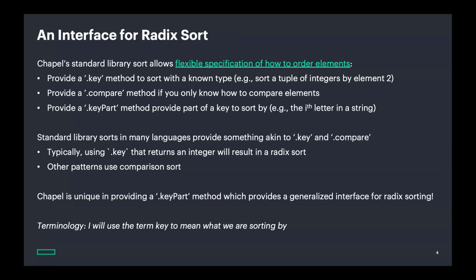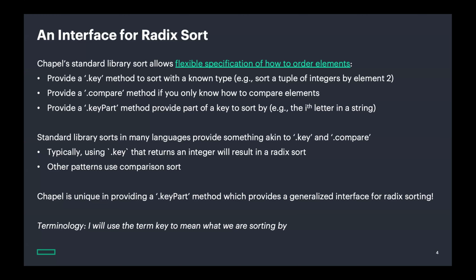In other languages, standard library sorts usually have something akin to the .key method and the .compare method for specifying sort order. Usually you would need to use something like that .key method that returns an integer to trigger a radix sort in a standard library, and then everything else will use a comparison sort.